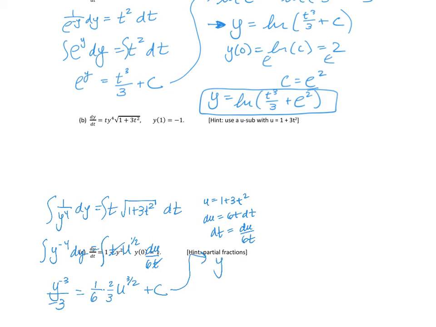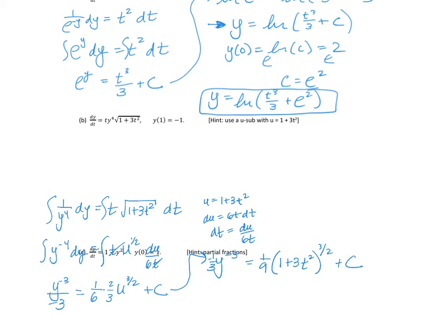So negative 1/3 y to the negative 3 equals 1/9. That's 1/6 times 2/3, 1/9. U to the 3/2, u was 1 plus 3t squared to the 3/2 plus c.